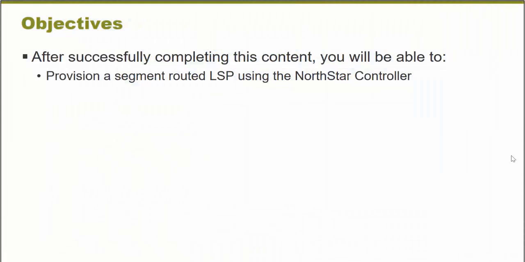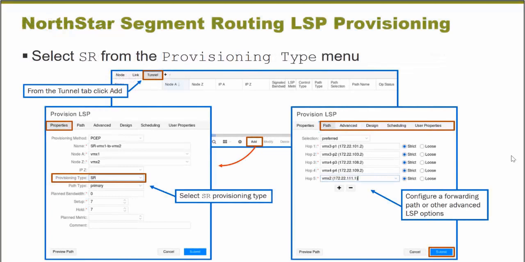After successfully completing this learning byte, you should be able to successfully provision a segment routed LSP using the NorthStar Controller. The NorthStar Controller Administrative Interface allows you to provision a segment routed LSP.